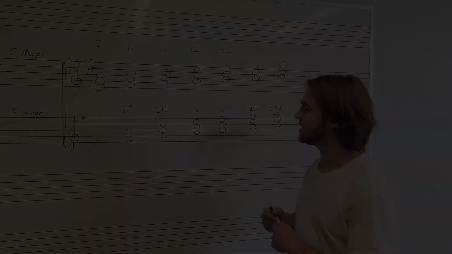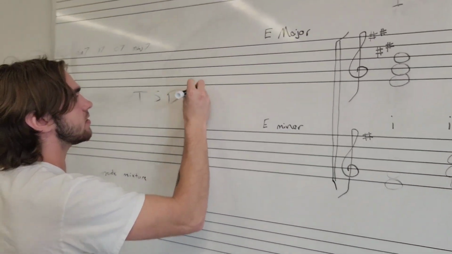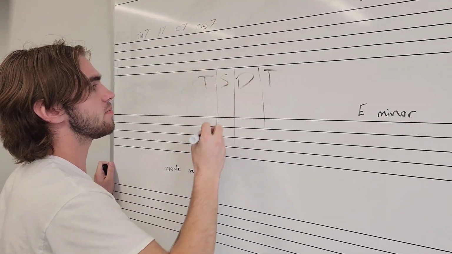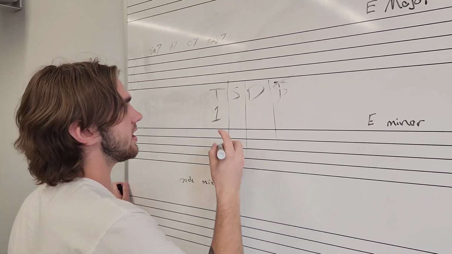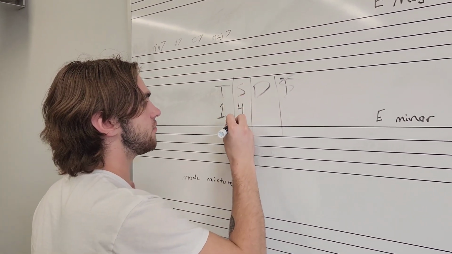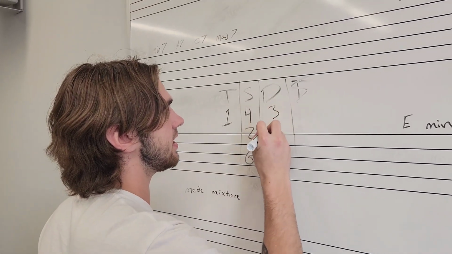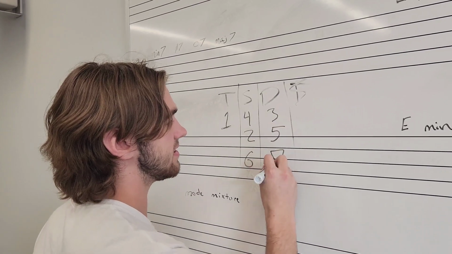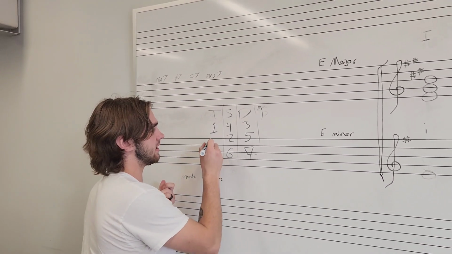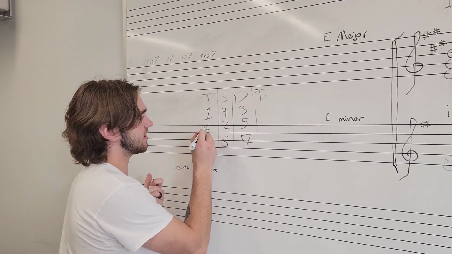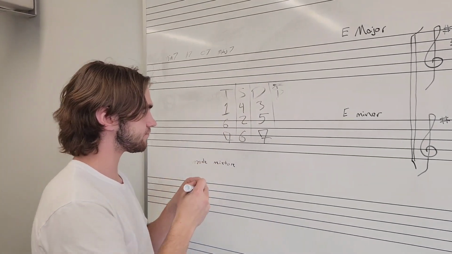So for TSDT, when you have all of these chords, say we have little brackets here, we don't really need another T. You still have the 1 chord here, and then you'd have the 4, 2, and the 6, and then the 3, 5, and the 7 in the dominant, and technically also the 6 and the 7 over here.